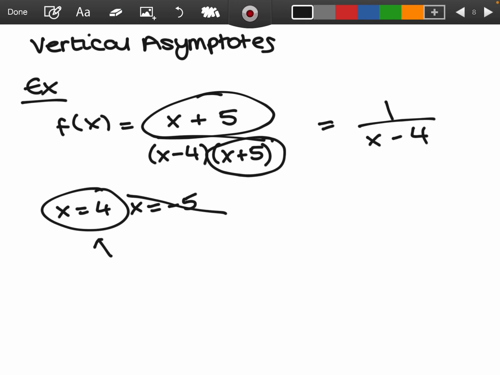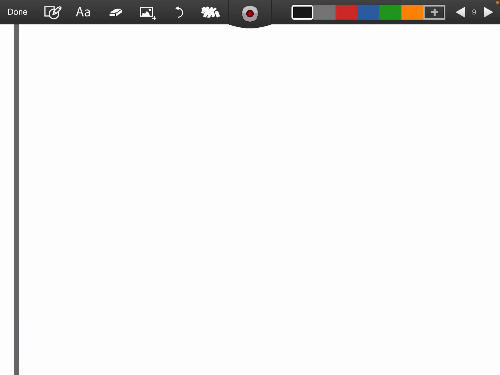That is your vertical asymptote. So at x equals 4, you have this vertical asymptote. You'll find that the graph will approach that vertical asymptote but never touch it. We'll do another example here.